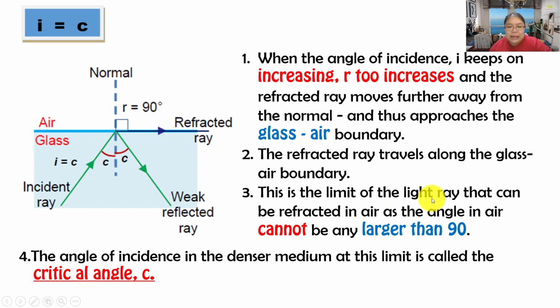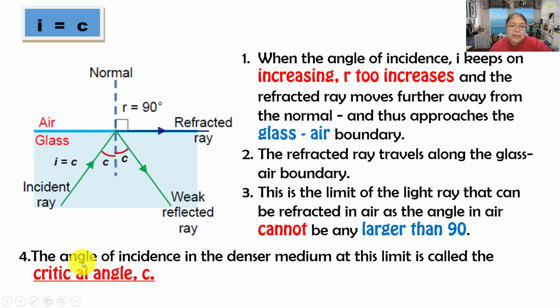This is the limit of the light ray. It can only refract into the air as long as the angle is not any larger than 90. If it is over 90, that means the ray comes back into the glass, and then we call it another name. We cannot call it refraction anymore. So for refraction, 90 degrees is already the limit for the refracted angle.